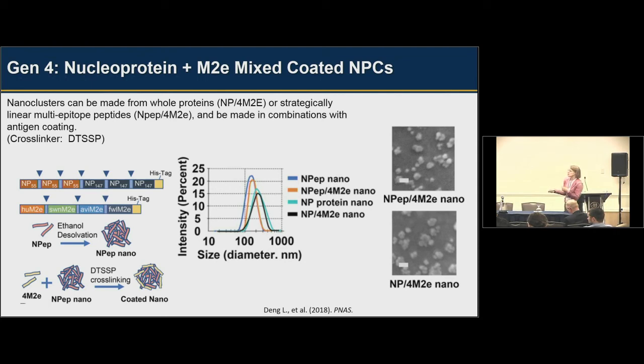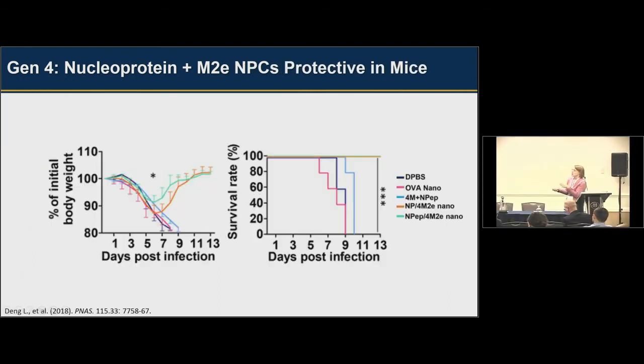What we did is we first desolvated the nucleoprotein core, and then we put a coating of M2e around it. This is just what they look like. When we look at a challenge with the same strain of flu that these are coming from, although because it's conserved, the strain is less important here, you can see that the orange and the green are the nano formulations, either these concatenated peptides or the whole protein core and coated.